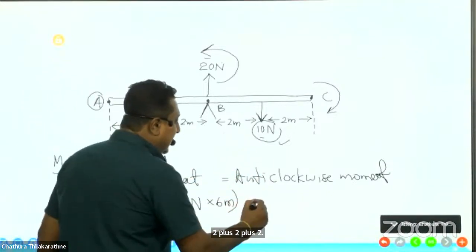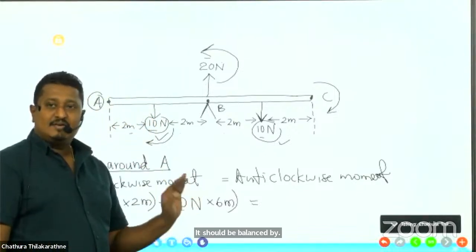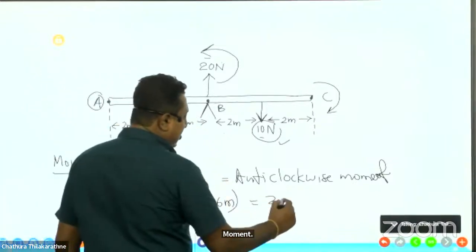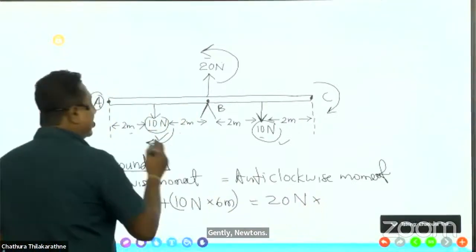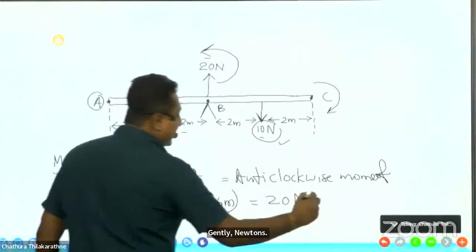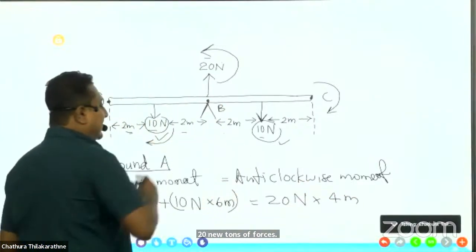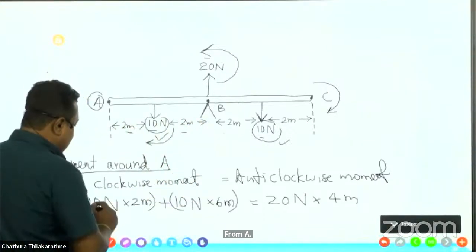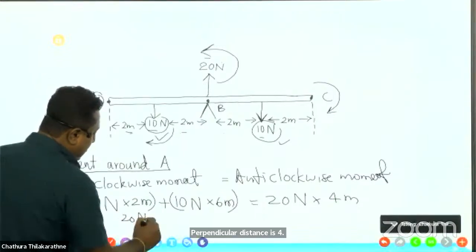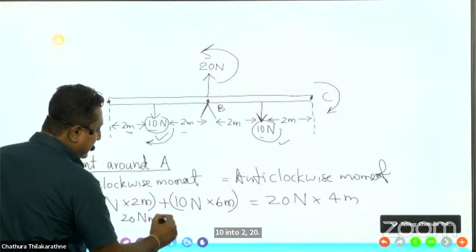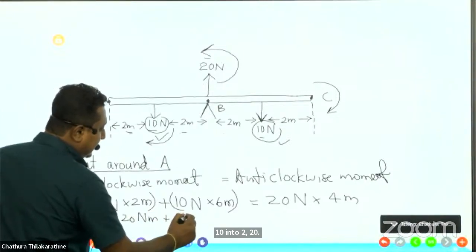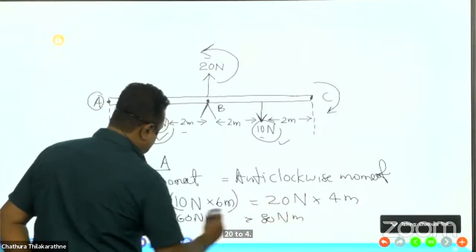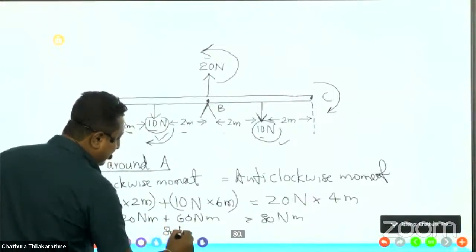It should be balanced by a single anti-clockwise moment given by this force, 20 newtons. 20 newtons of force is 4 meters away from A. Perpendicular distance is 4. 10 into 2, 20. 10 into 6, 60. 20 into 4, 80. 20 plus 60, 80 Newton meters.